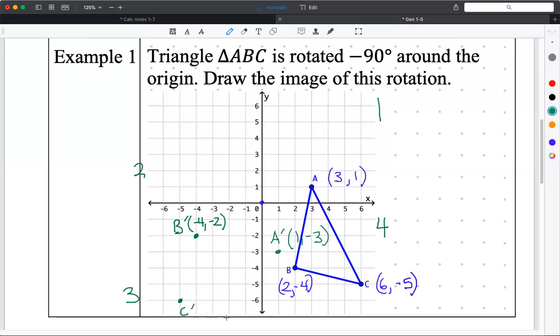So C prime is -5, -6. And we have our 3 points, so let's go ahead and connect those with a line. So green line, and I want to grab that. I just want to draw a new line. I'm going to draw underneath and move it. There it is.